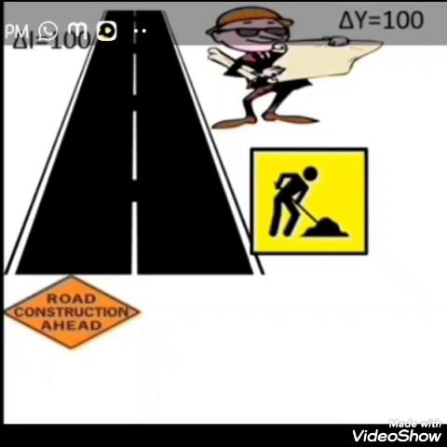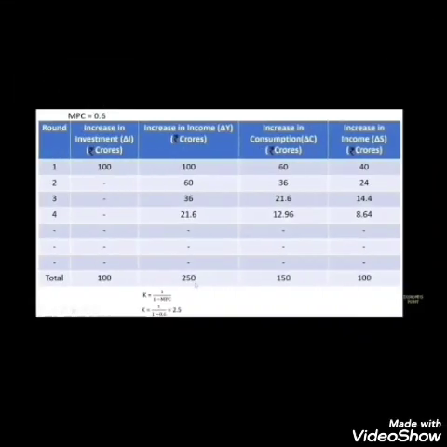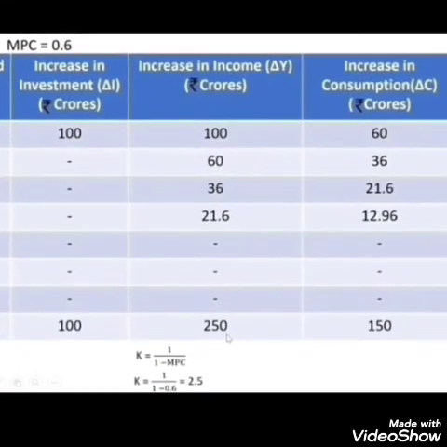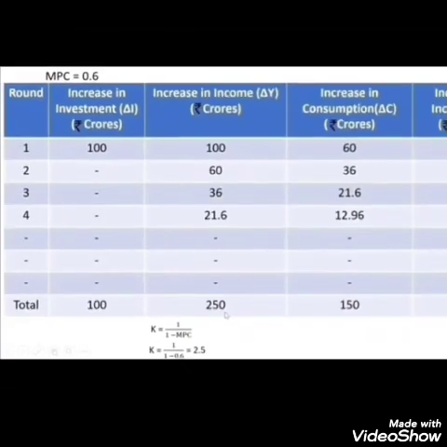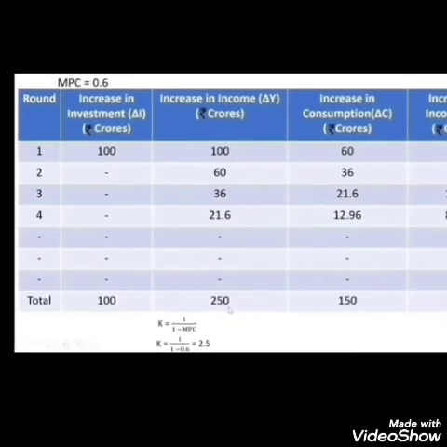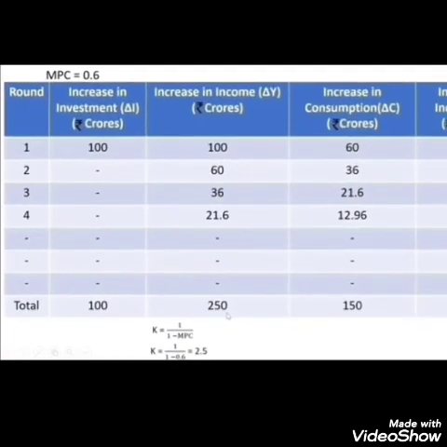Because of this spending, the income of other people also increases by 100 crore, that means delta Y, the income, equals 100 crore. So the income and spending of the two parties are equal, 100 crore. This is the first case of the multiplier mechanism.